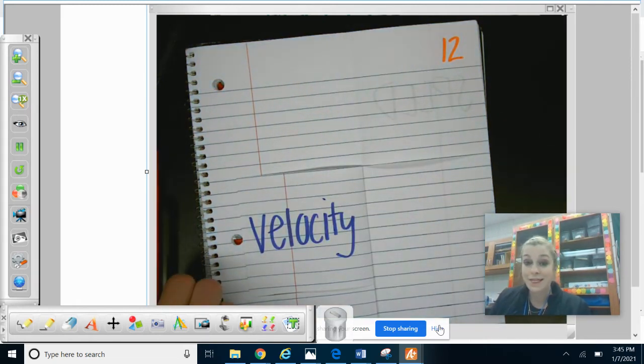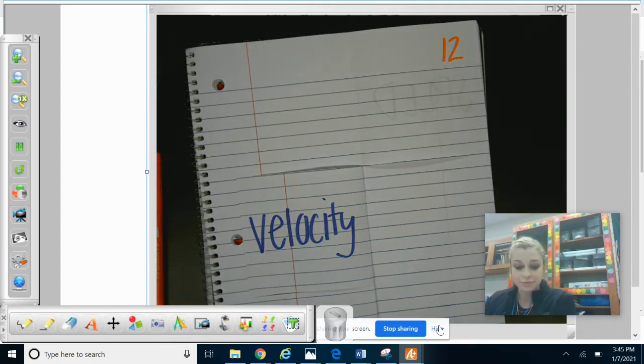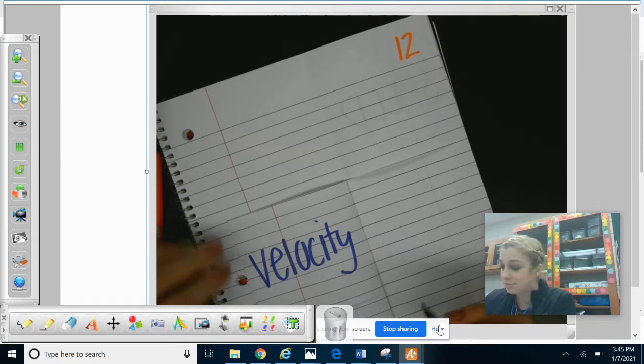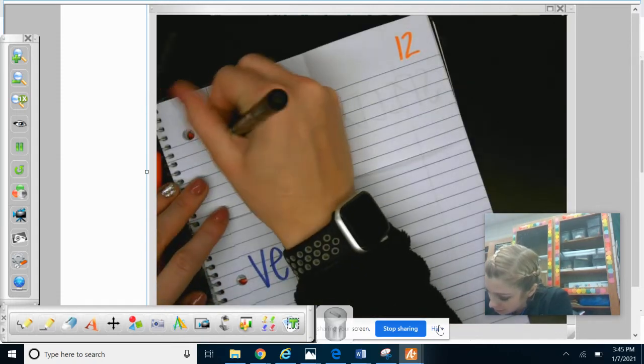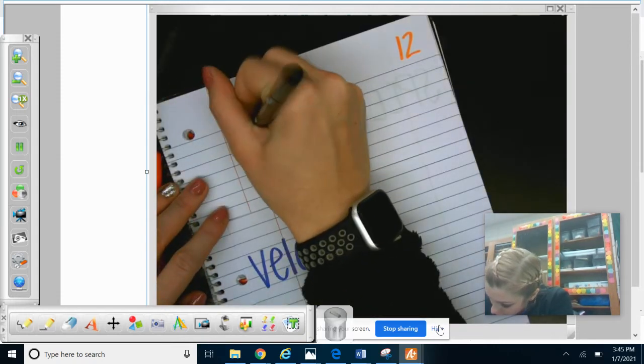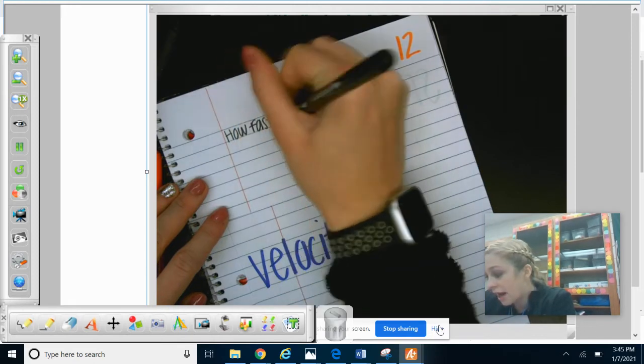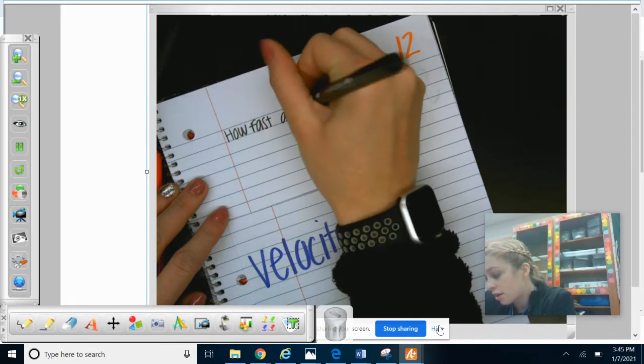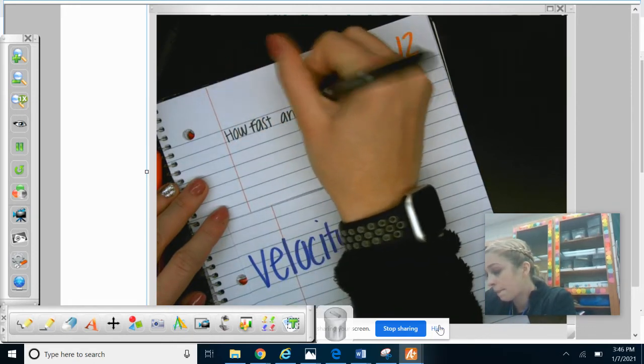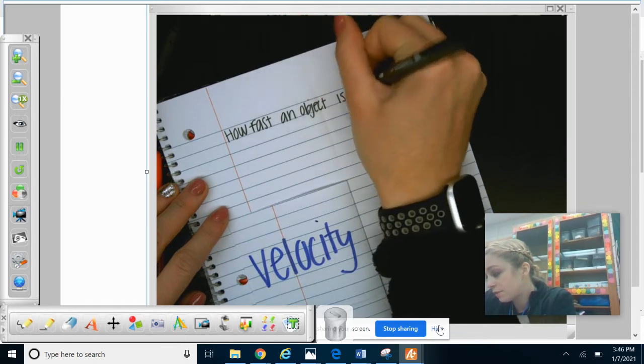I bet that most of y'all know that speed is how fast an object is moving.